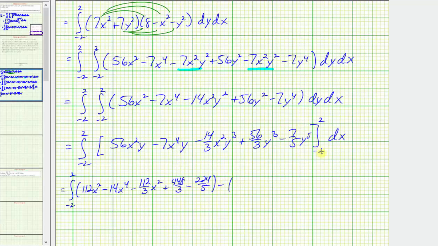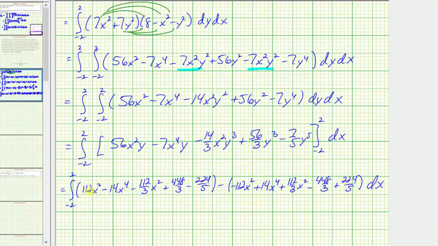Minus, now we substitute negative 2 for y, which is going to give us negative 112x squared plus 14x to the fourth plus 112 thirds x squared minus 448 thirds, and then plus 224 fifths.